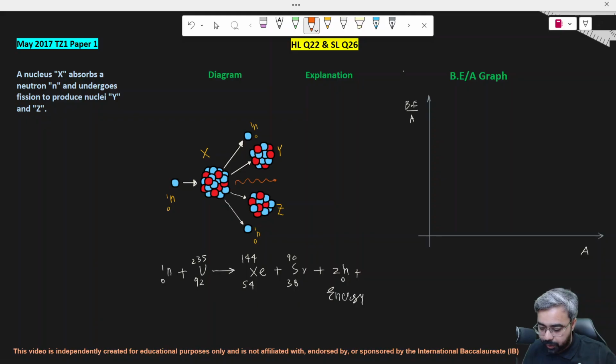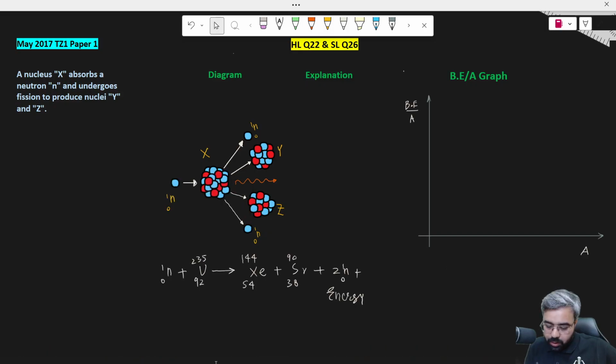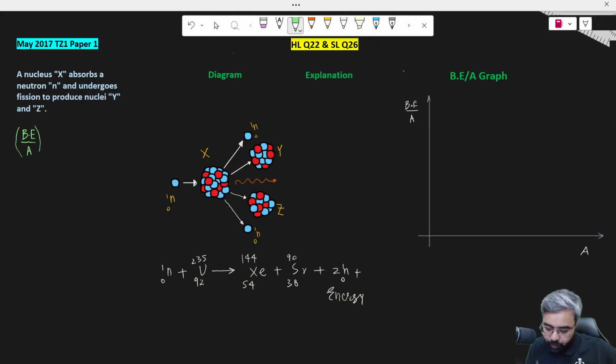So energy is released. Now, in our question we have to examine the binding energy per nucleon of Y, which is the resultant, divided by the binding energy per nucleon of X, which is the parent element.